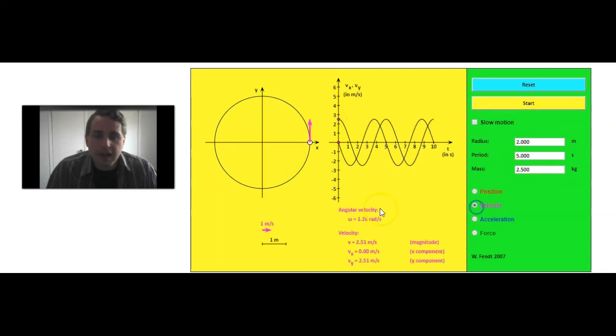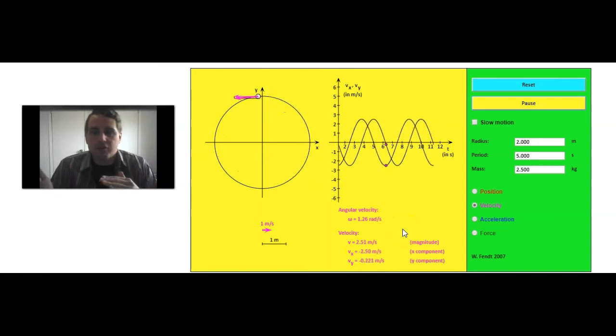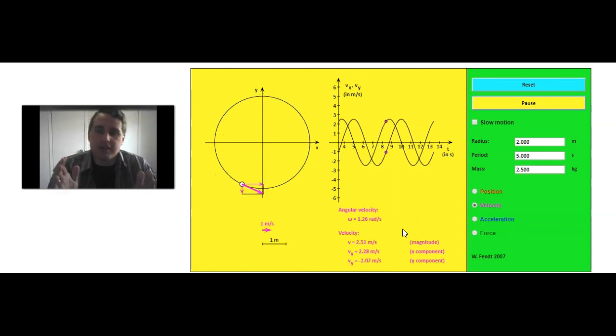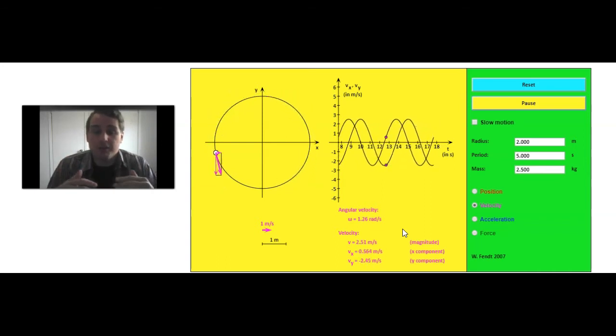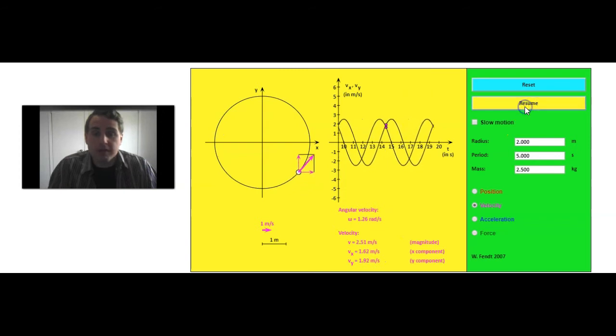Notice the velocity is going to be 2.51 meters per second. And notice that the x and y velocities will change from positive 2.51 meters per second to 0 to negative 2.51 and hit all values in between. Notice at any point, say down here in quadrant 4, the x velocity could be positive and the y velocity is positive.